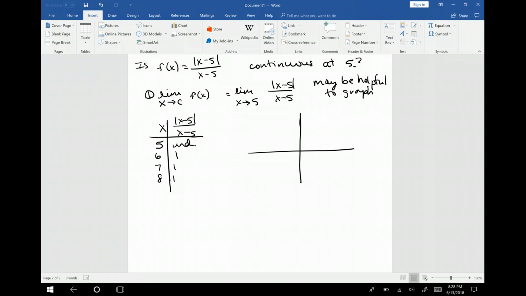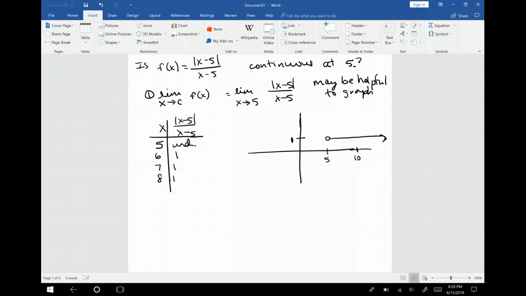What's going on between 5 and 6? If you plug in like a 5.5, it'll be the same, still going to be 1. At 5, it's undefined. We don't really know what's going on at 5, but as we get really, really close to 5, like 5.1, 5.2, they're all going to be 1s.